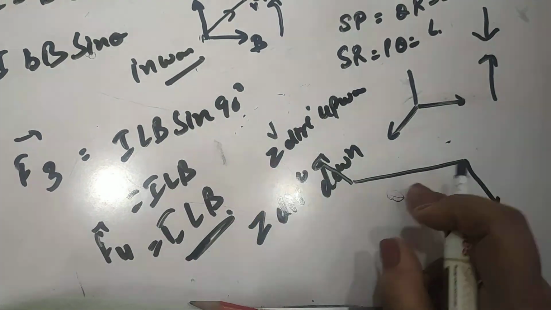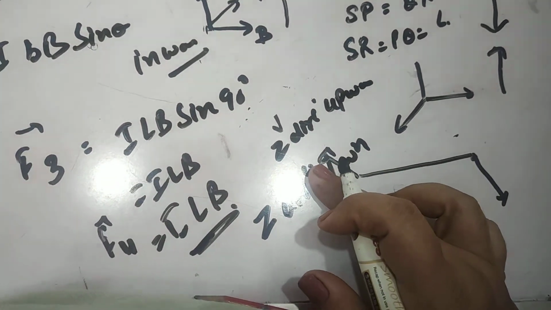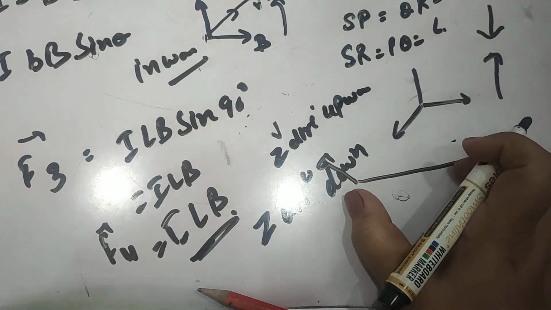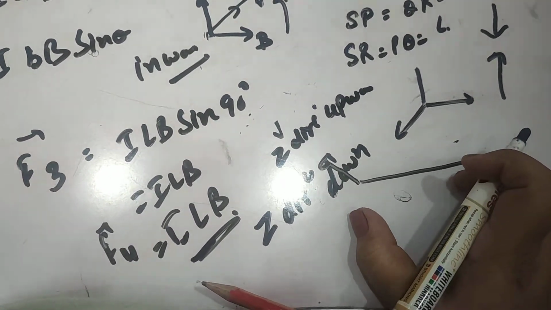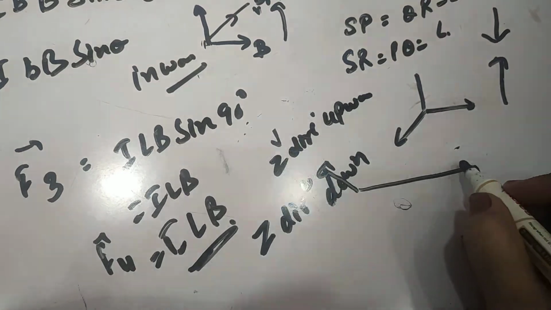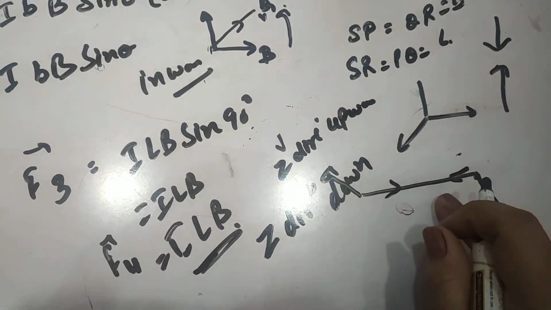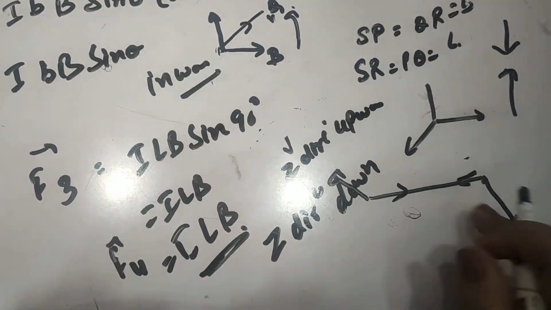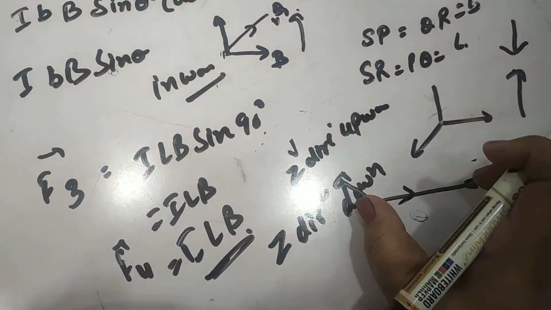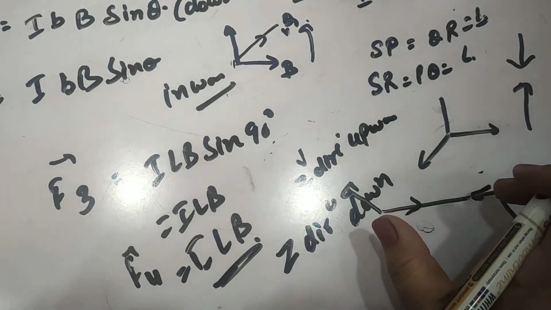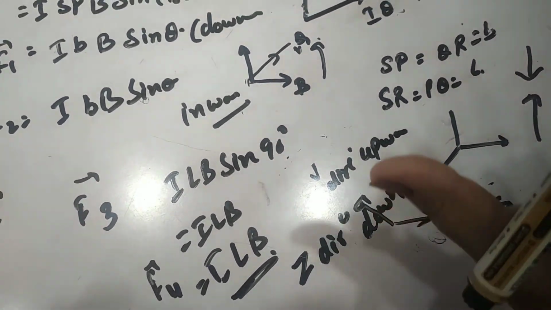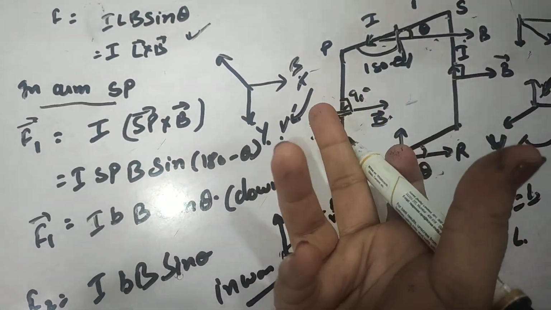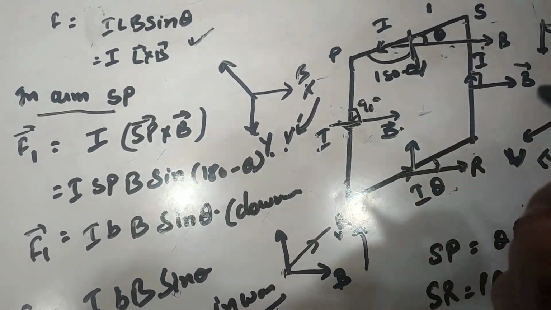See here, both are equal and opposite, but not acting on the same line of force, so they will form a couple and will tend to rotate. If both were acting along the same line, only then could they cancel each other. But now they are equal in magnitude, anti-parallel to each other, but acting at a certain distance, so they form a couple and tend to rotate the coil. It means the forces acting at these points will tend to rotate the coil and create a torque.